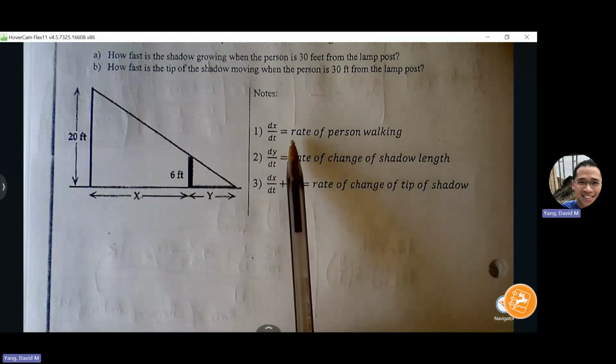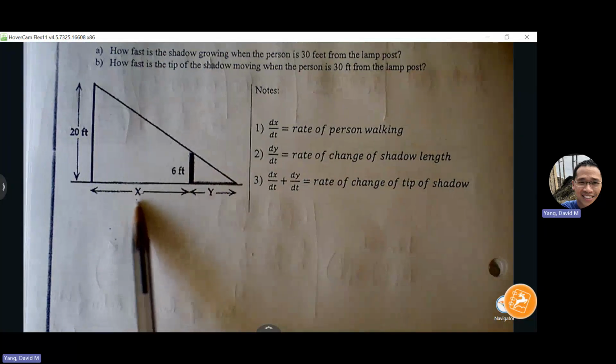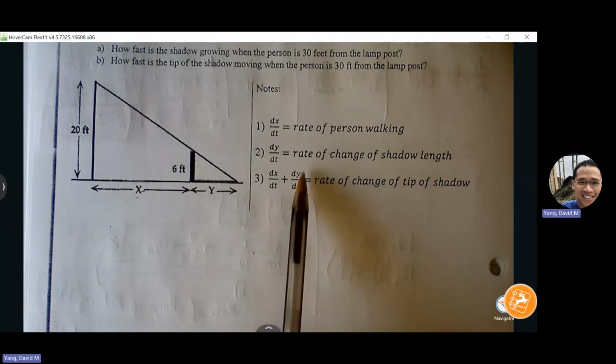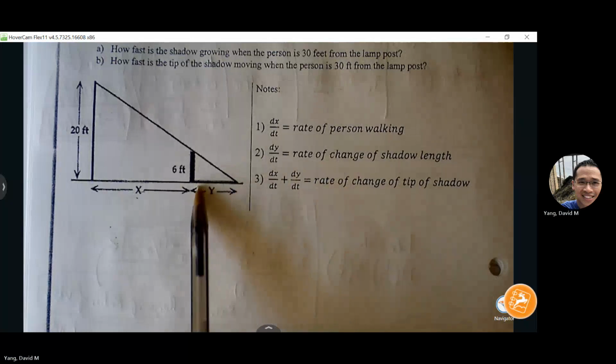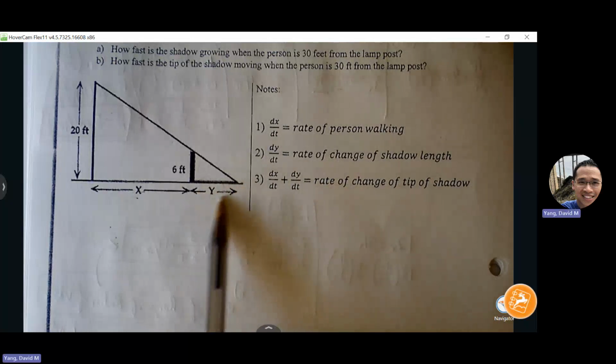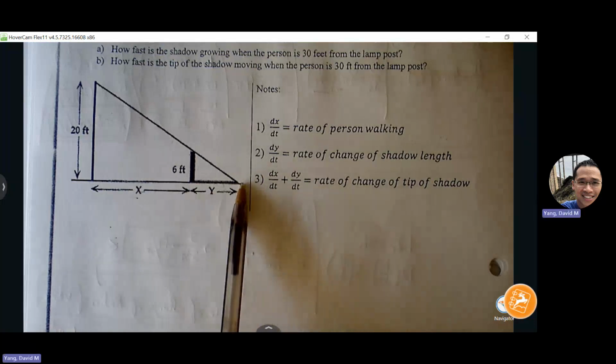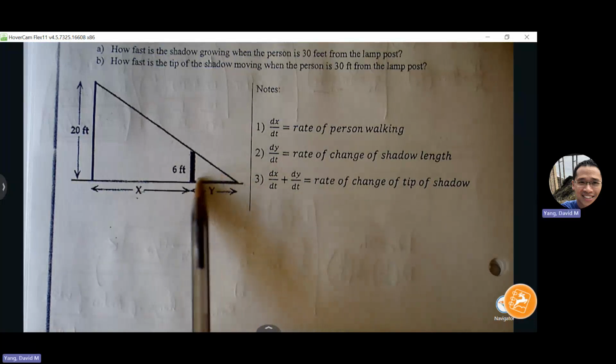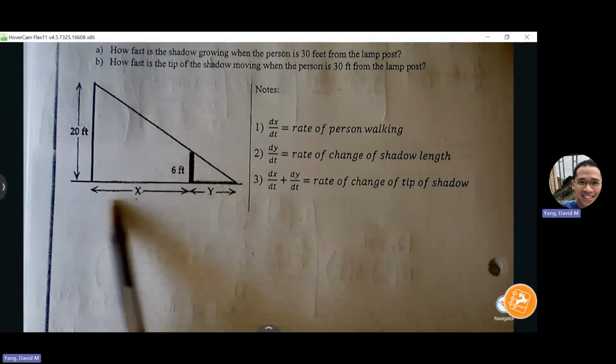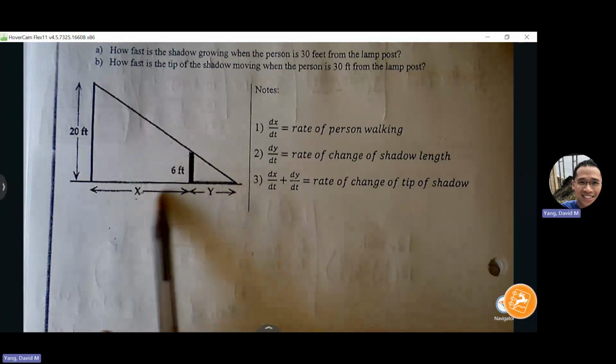But first, dx/dt is going to represent the rate that the person is walking or changing in relation to the ground. And then dy/dt, this is the shadow here, so dy/dt will represent the rate of change of the shadow length. But then the tip of the shadow is going to get influenced by how fast y is changing and by how fast the person is walking. So these are two different rates here.